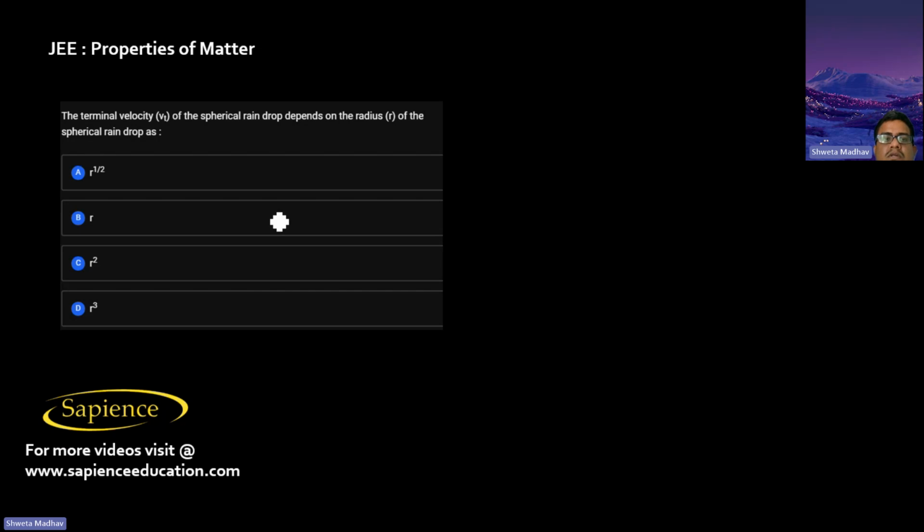And here it is told the terminal velocity Vt of the spherical raindrop depends on the radius r of the spherical raindrop as. So the terminal velocity, as we know, is equal to 2r square into rho minus sigma g by 9 eta.